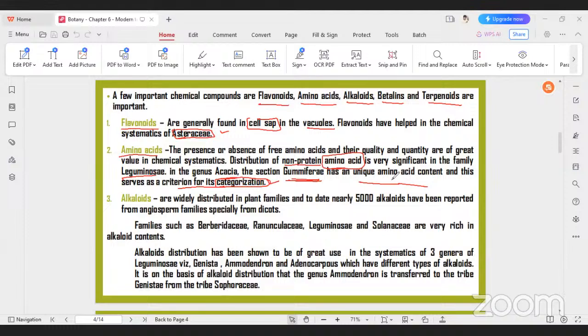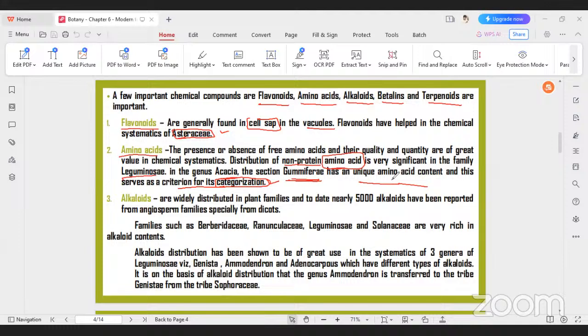The primary metabolites are part of important metabolic pathways, and most of them are of universal occurrence, present in a wide range of plants. For example, aconitic acid, which is isolated from Aconitum, and citric acid from citrus. Secondary metabolites perform non-vital functions and are therefore less widespread in plants.